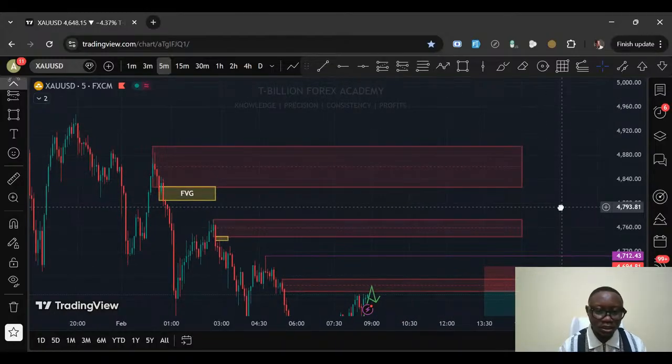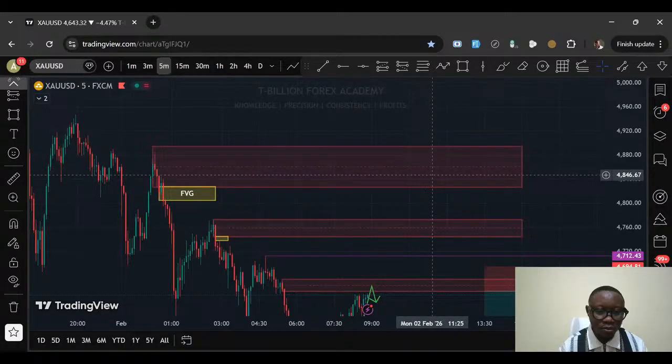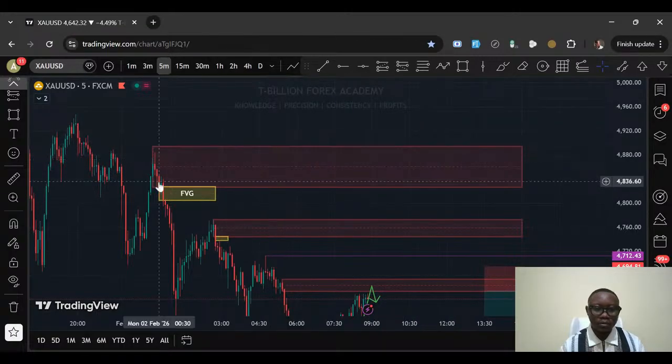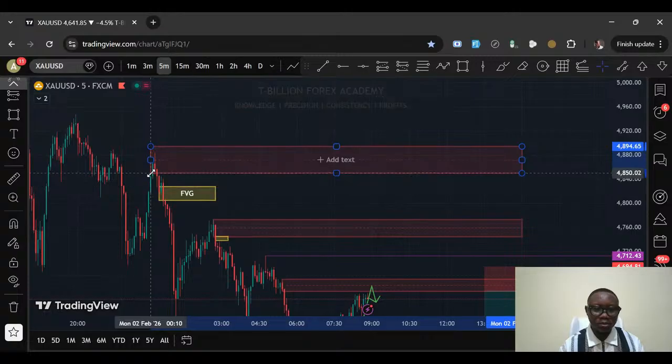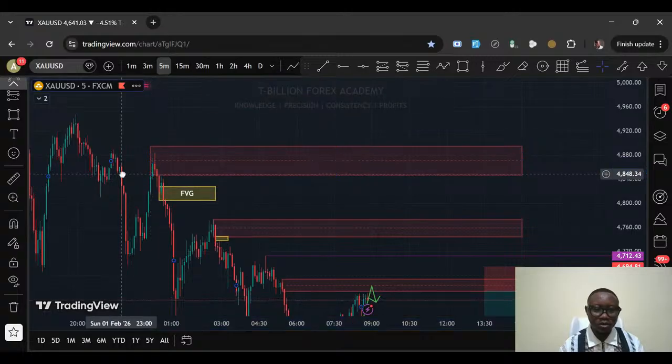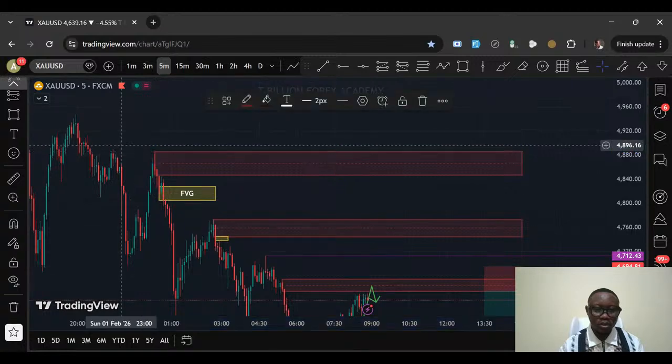And for this, is there any refinement? Actually, this can be further refined to this candle right here.